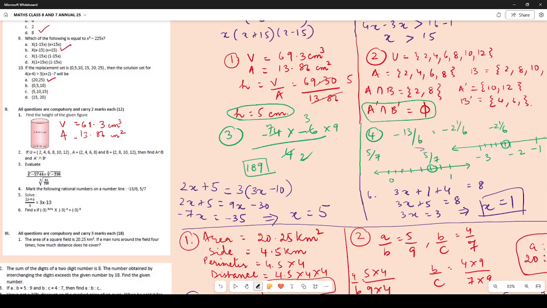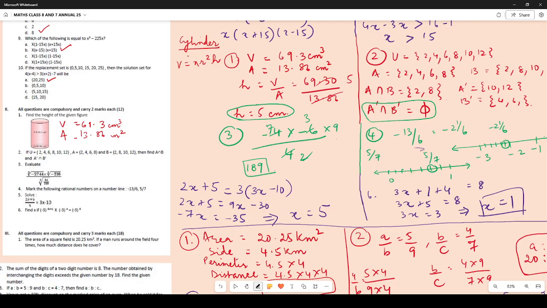We know that you have to calculate the height. So if you remember the formula for volume, volume is equal to pi r square h for a cylinder, right? We are talking about a cylinder over here.